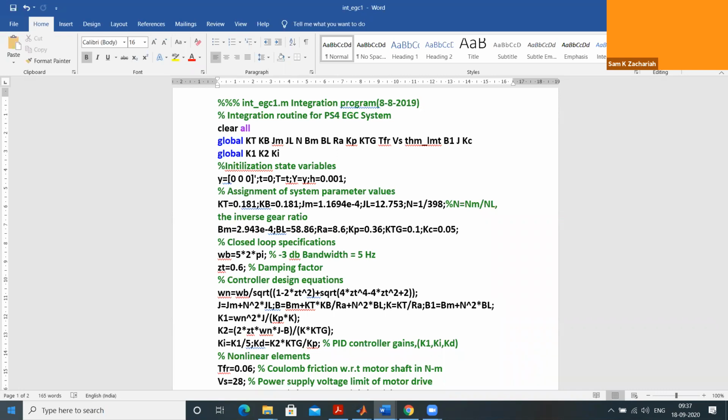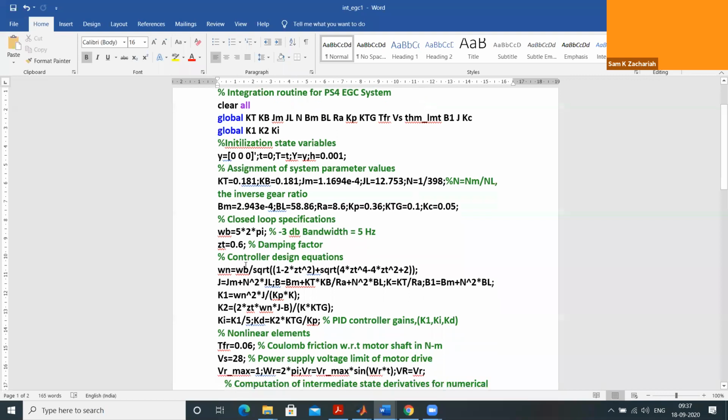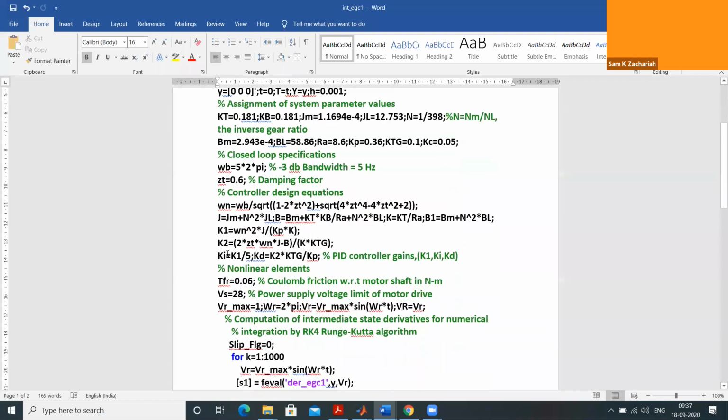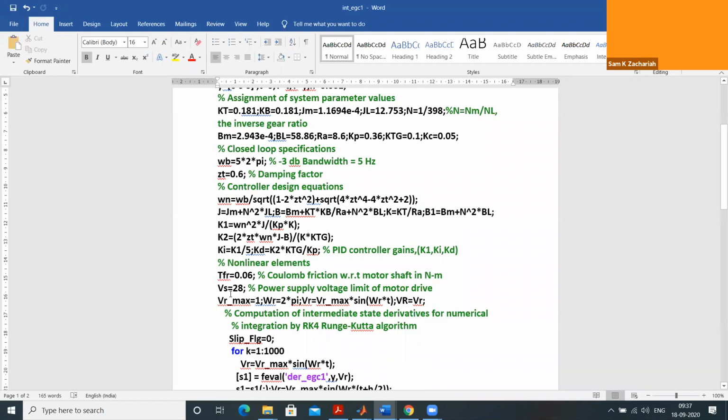So you initialize all variables in the integration routine and declare them as global. Whatever variables are used in a particular program, only those you have to declare as global in that program. But in the main program, you declare all the variables which we want to pass on to other programs as global and proceed. These values KT, KB you already know, and we are evaluating K1, K2, KI, the integrator gain, the derivative gain, etc.